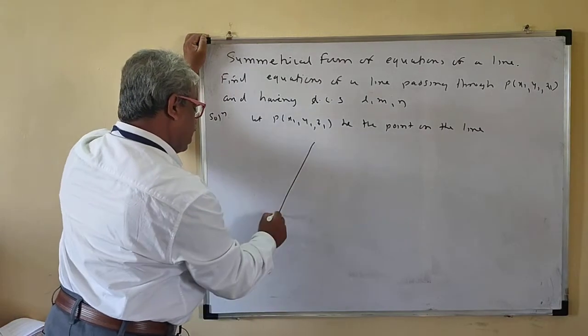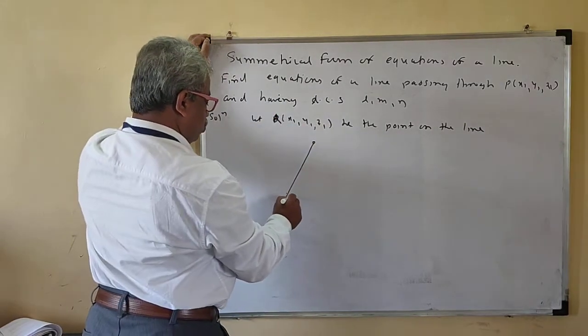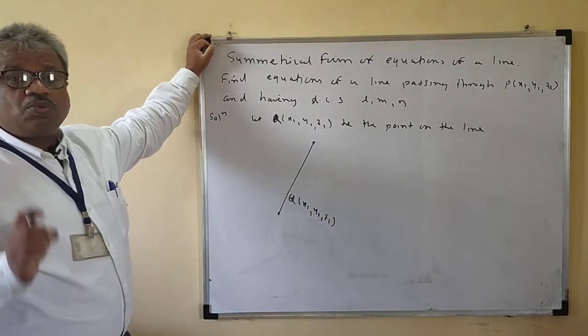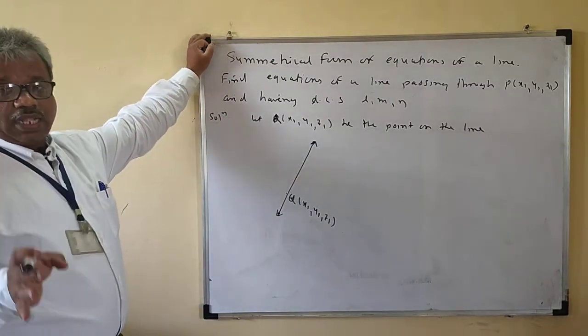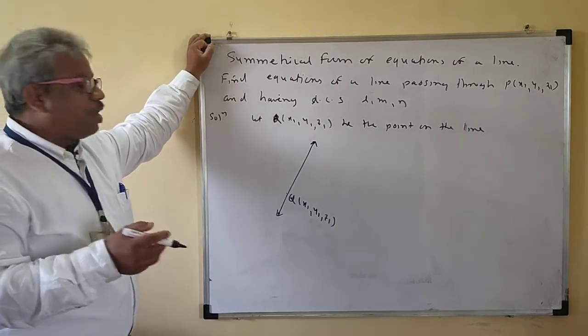So suppose this is your line. I will call this point Q, so Q(x1, y1, z1) is the point on it. What we want is to obtain the equations of the line. To obtain the equations of the line, we have to take a general point on the line.